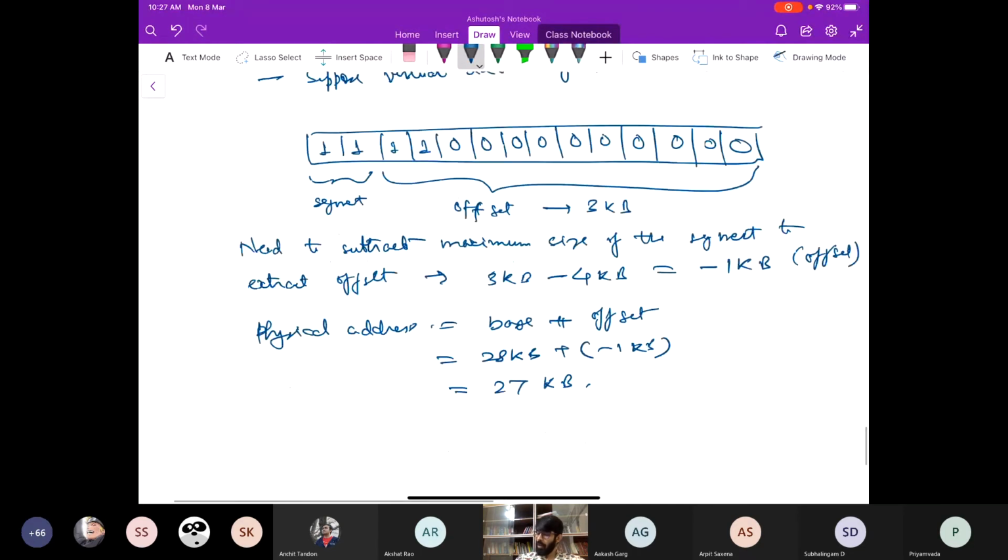And also the bounds check will not check the 3KB, because again that is not correct. The bounds check will always check the final offset that we get after the offset extraction.